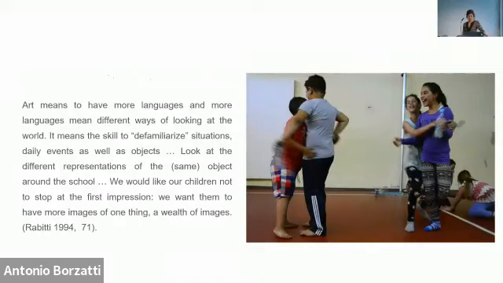Then, before looking at that animation, I put here a quote from Rabiti. Art means to have more languages, and more languages mean different ways of looking at the world. It means the skill to defamiliarize situations, daily events, as well as objects.